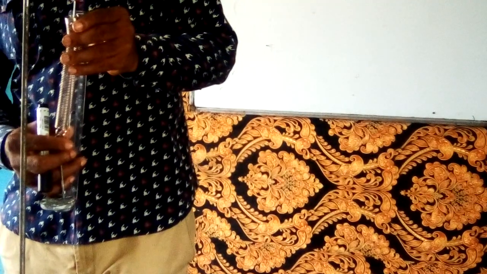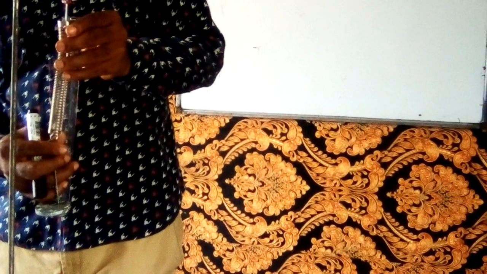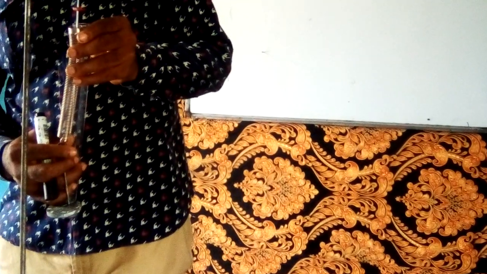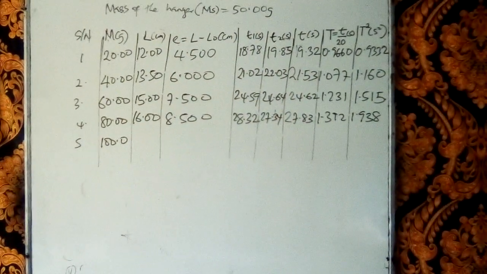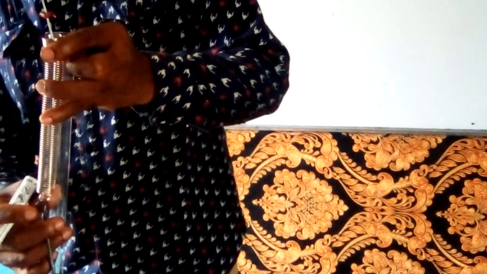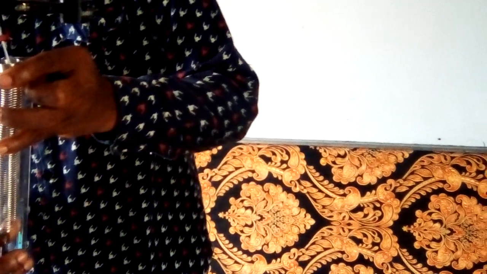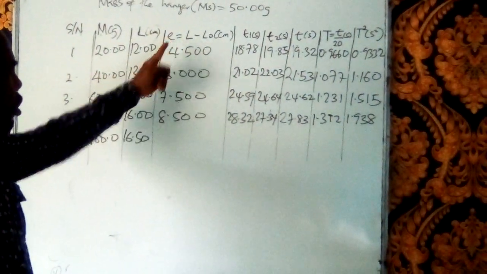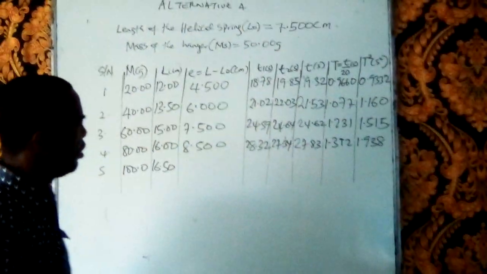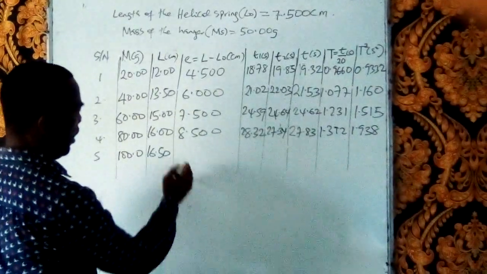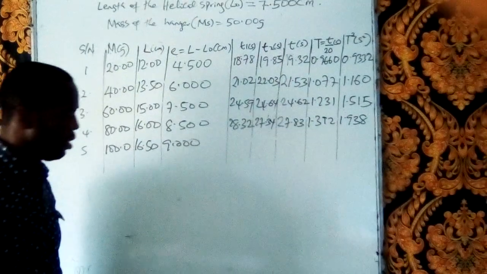That gives me 16.4 centimeters. Let me repeat to be sure there's no mistake. 16.5 centimeters. So now 16.5 cm, extension 16.5 minus 7.5 gives us 9.00. Then we move to the oscillation.